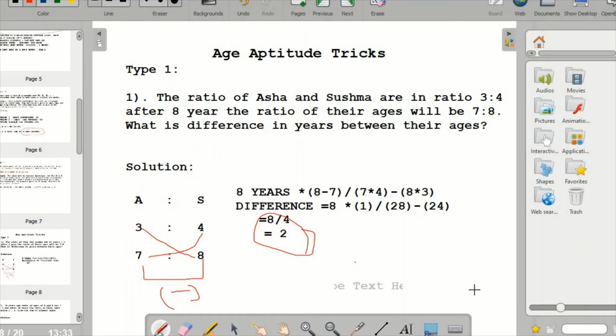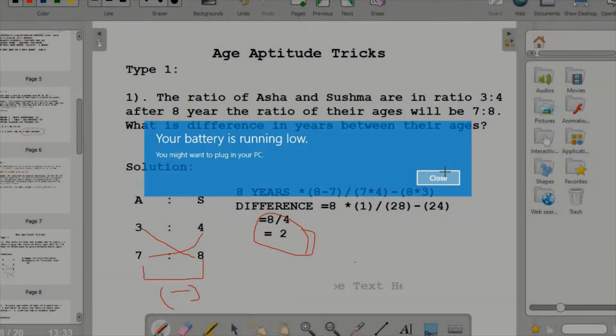First we make it in the order of ratio: Asna to Sushma, 3:4 is the age before 8 years, and after 8 years it is 7:8. Then we cross multiply with the previous ratio.